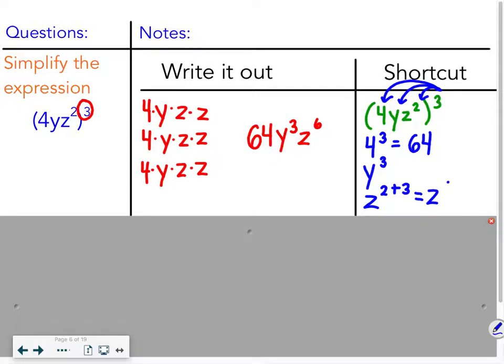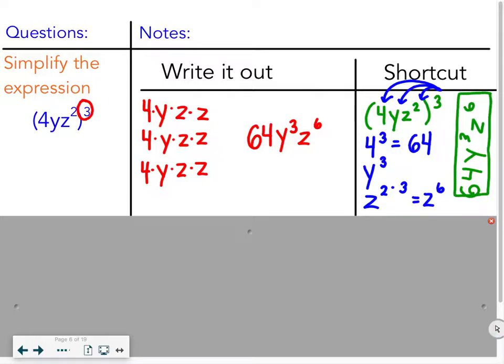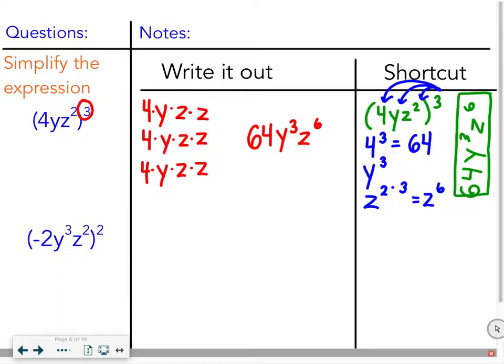Or sorry, not 2 plus 3, we multiply our exponents. So z to the 2 times 3, which equals z to the 6. So then if I put all of that together, I get 64 y to the third z to the sixth. So same thing as the other version, or the shortcut.